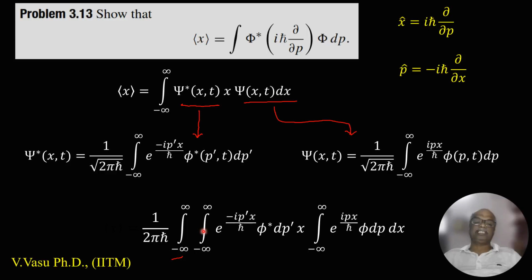So it is the integral from minus infinity to plus infinity of e^(−ip'x/ħ) Φ*(p',t) dp'. I am labeling this p' and p to indicate that both momenta are different. And the other one, in integral form, is the integral from minus infinity to plus infinity of e^(ipx/ħ) Φ(p,t) dp.